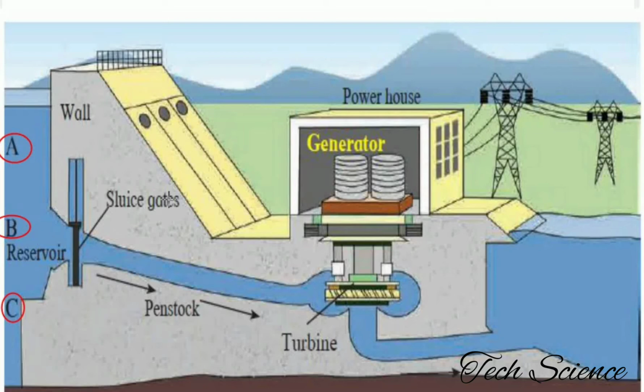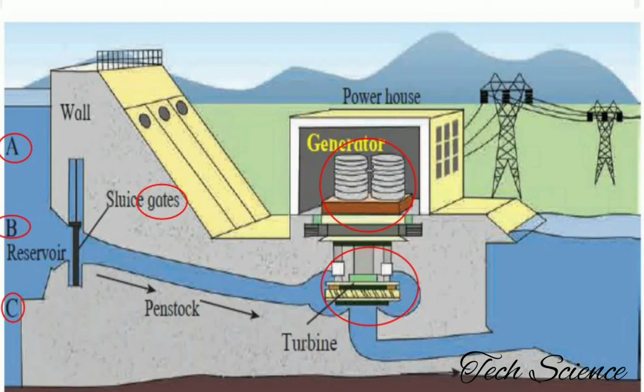So we can use this, and by opening these gates, the water, which has very high pressure and speed, moves towards the turbine through this penstock. Finally, when the flowing water with high pressure falls on the turbine, it starts to rotate, and this turbine is connected to the generator, so the generator also starts rotating.